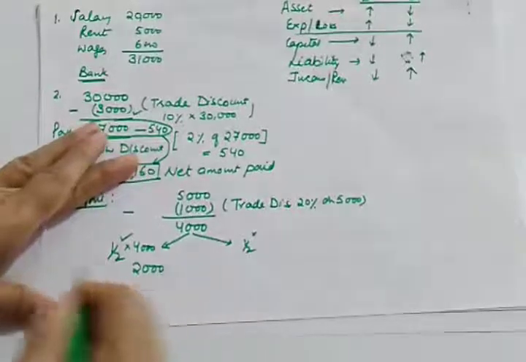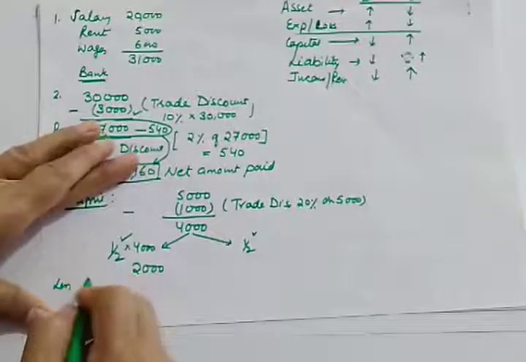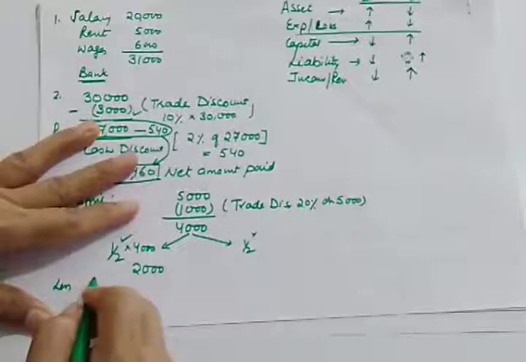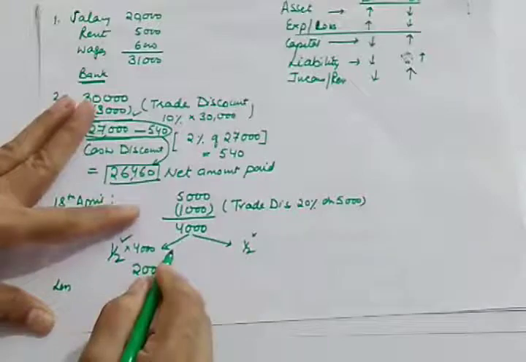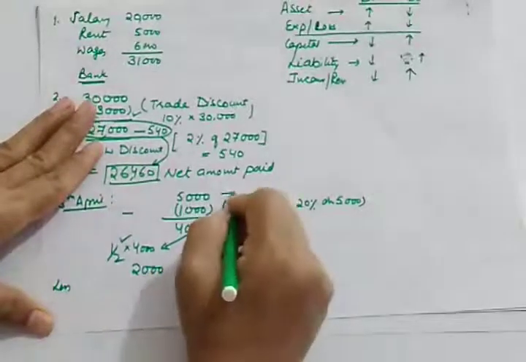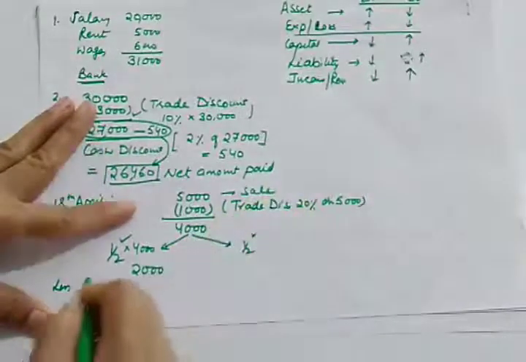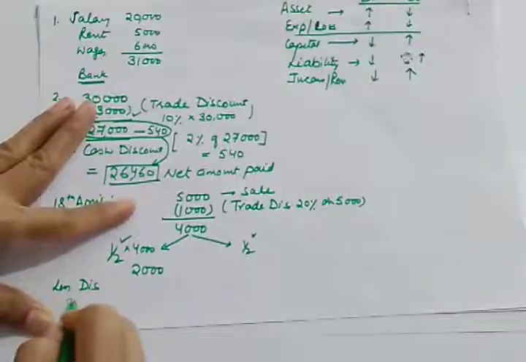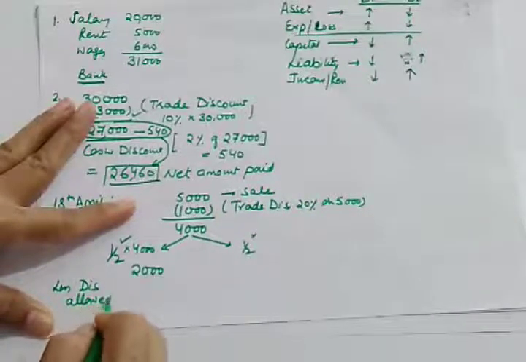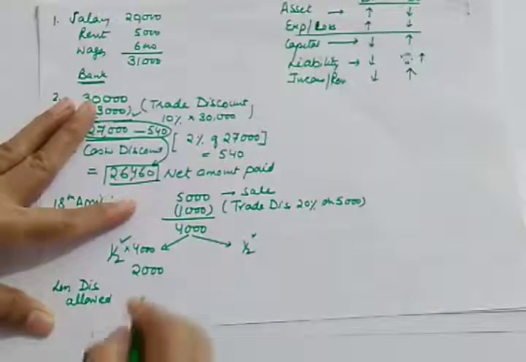And when you are making payment, you must be getting a cash discount. Sorry, here we are receiving because we are doing sale. This is a case of sale. So discount allowed. How much discount we are allowing? We are allowing a discount of 3%.